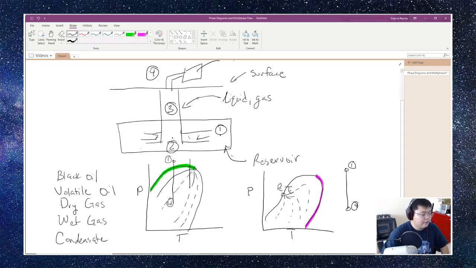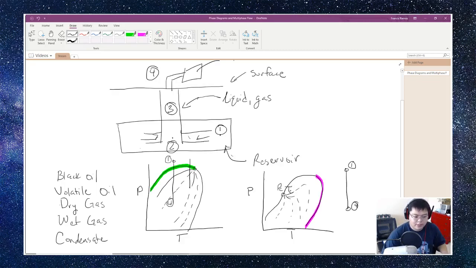Now, because we never cross that, our fluid will always remain as a gas. Our fluid in dry gas is single phase, so we will never have any other liquids in this reservoir, and it'll be the same all the way up through, including the separator.